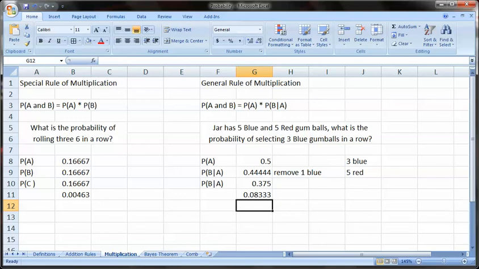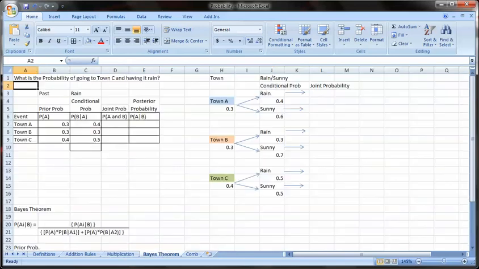And this brings us to Bayes' theorem, probably the most complicated section of probability. In examining Bayes' theorem, part of the problem is terminology and what in the world we are asking. So I've created 3 different ways of finding it.